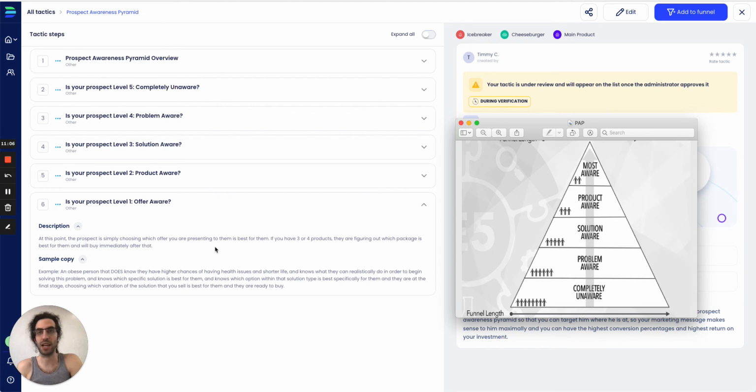Because you can't send product aware marketing material to a problem aware group, because they don't understand why your solution is relevant to them. Some of them can make the leap, but you're better off first giving them information about the solution and why it is a solution to their problem, and then giving them a reason why your solution is the best solution, as opposed to just, here's a product, right?